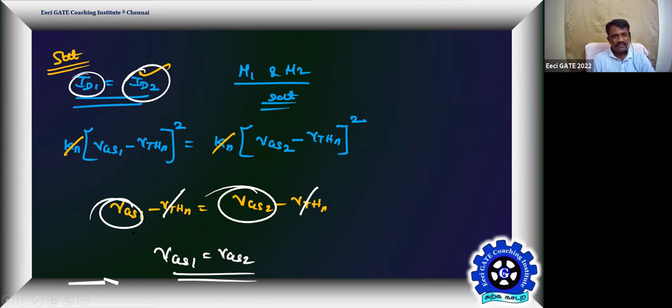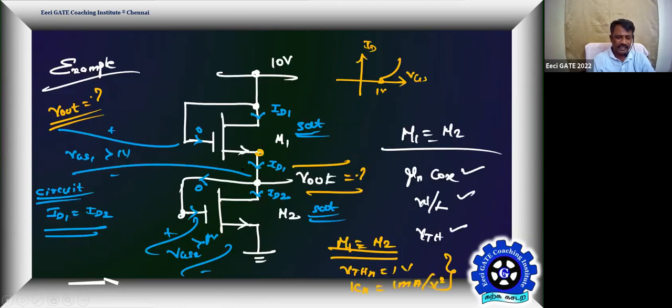You can derive that conclusion straight away by seeing the circuit, because both the MOS transistors are driving the same current. Therefore, both should have identical VGS, so VGS1 should be equal to VGS2.